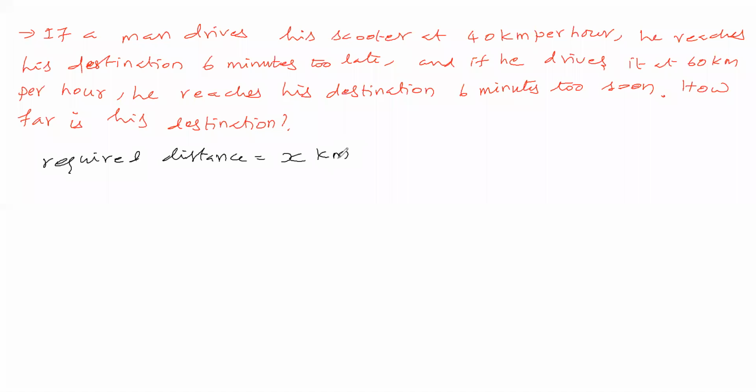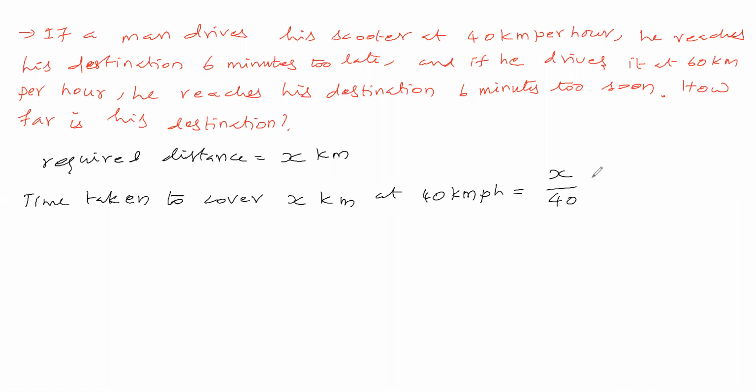So what is the time he will take to cover x kilometer if he travels 40 km per hour? That we will see. So time taken to cover x kilometer distance at the speed of 40 km per hour is x by 40.